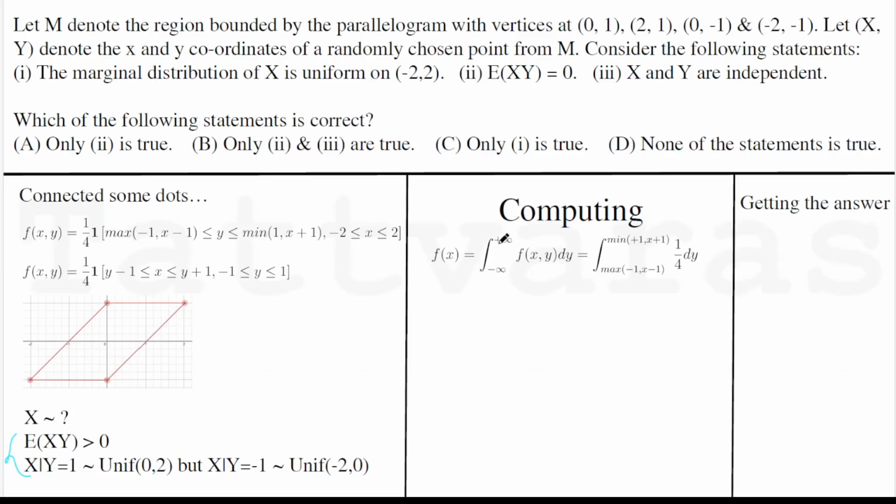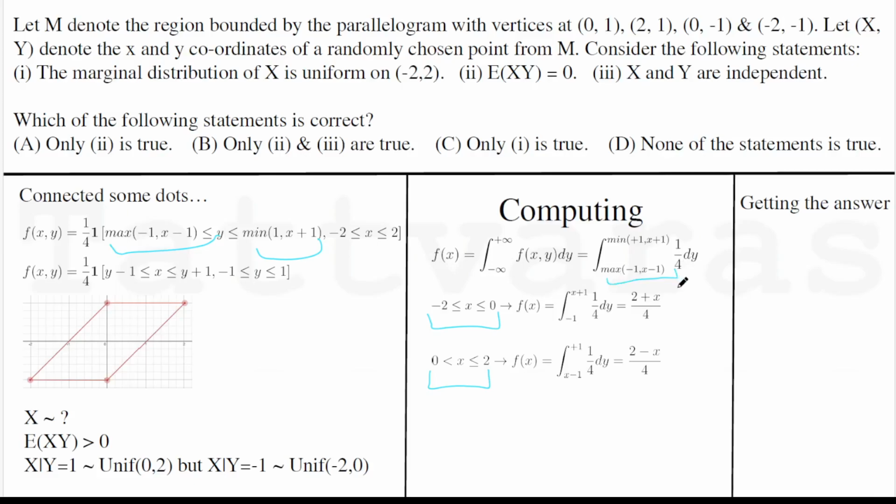The way you find the marginal of X is to integrate the joint PDF with respect to Y. So you would be using this kind of structure. The main thing is actually just coming up with the limits, and after that the integration is pretty straightforward for this value range and this value range. And how you determine this range is also determined by the limits. You are given the lower limit as the maximum of -1 and X -1.